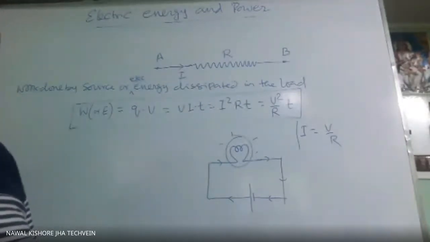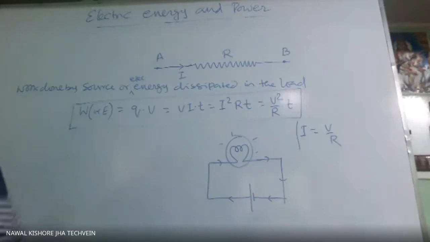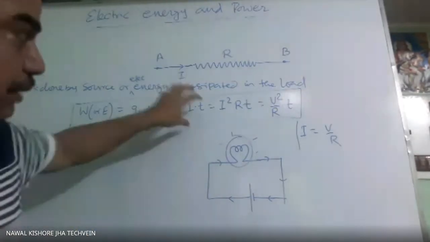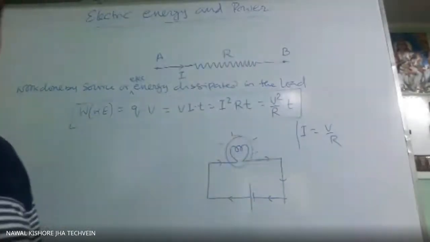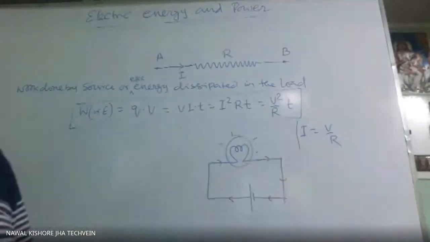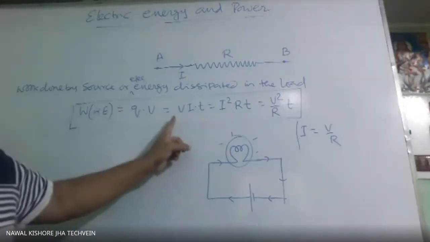If efficiency of bulb is 30%, what does it mean? 30% of this energy will be converted into light, 70% into other form. Energy consumption is not changing. How much energy is consumed by that electrical appliance, that is the formula, this one.